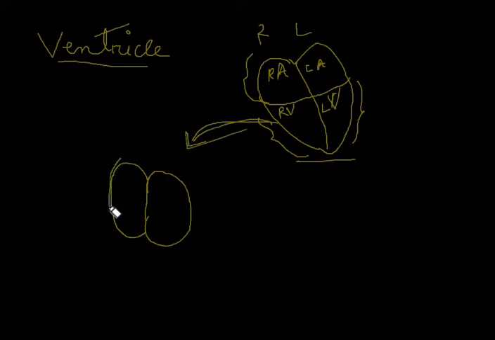This is the right side, this is the left side. Ventricle present at the right side is called right ventricle. Ventricle present at the left side is called left ventricle.